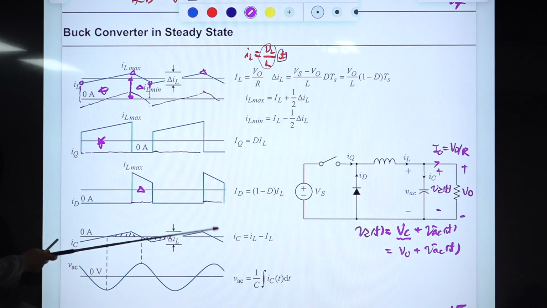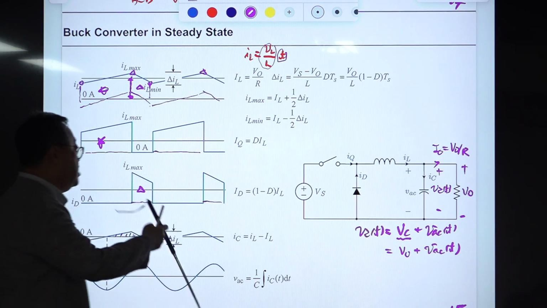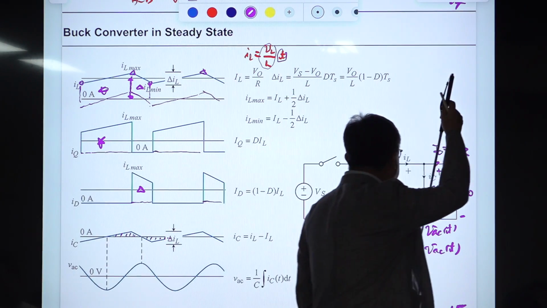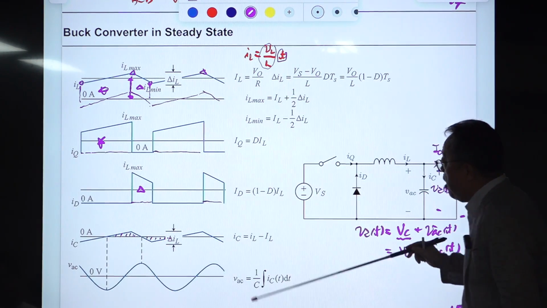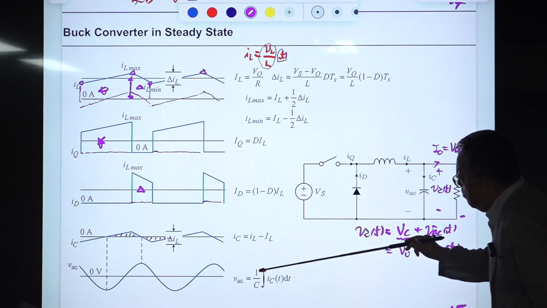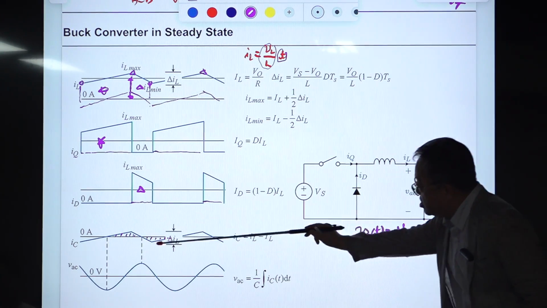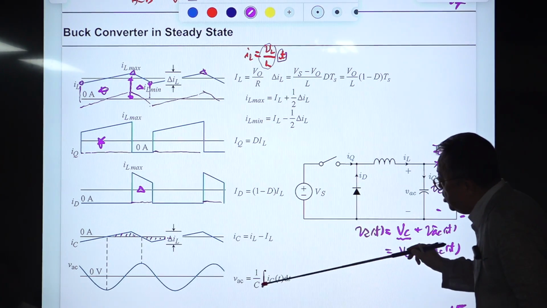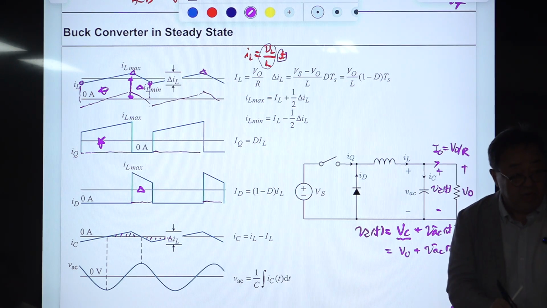We sketched that here. Okay. So this AC current is passing through this capacitor. Then you have the equation. Okay. So ICT is constant. That comes out here. But this is a time function. Then we need this integration. Okay.